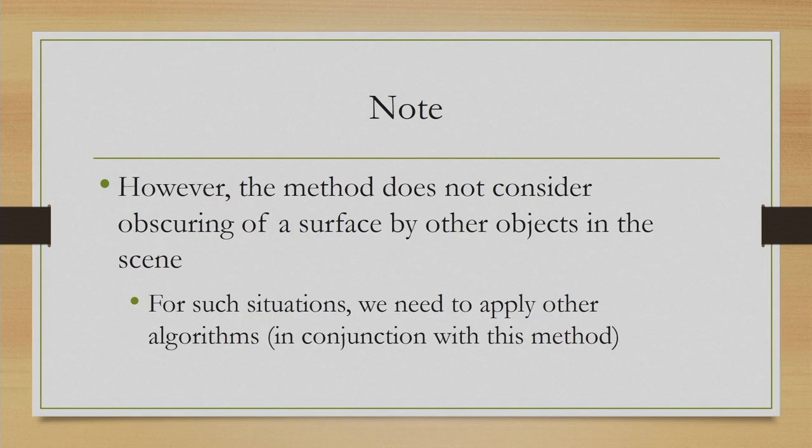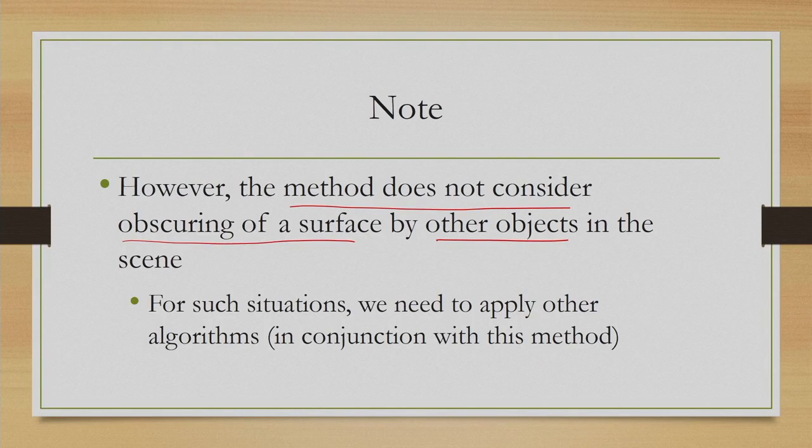However, there is a problem with this method. This method does not consider obscuring of a surface by other objects in the scene. What we did was essentially eliminate back faces of an object. Here the back faces are obscured by surfaces of the same object.